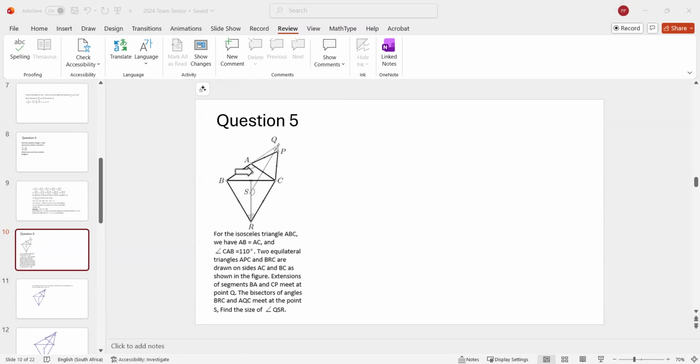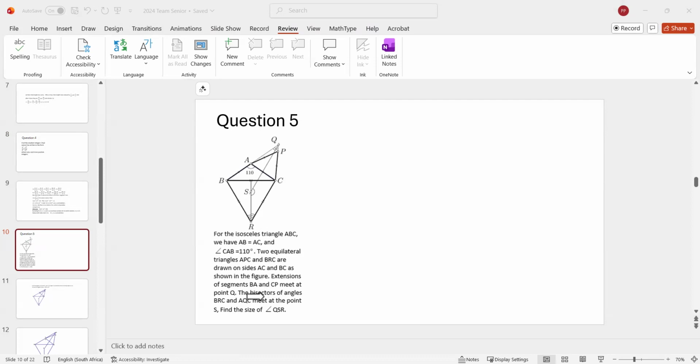And you got the third angle is 110, which means we can calculate angle B and angle C. All right, we'll just leave that for the moment. And angle CAB is 110 degrees. Two equilateral triangles. So APC, this dark one, is equilateral, and this is also equilateral. So all the angles there are 60 degrees. Right? They are drawn on the sides AC and BC.